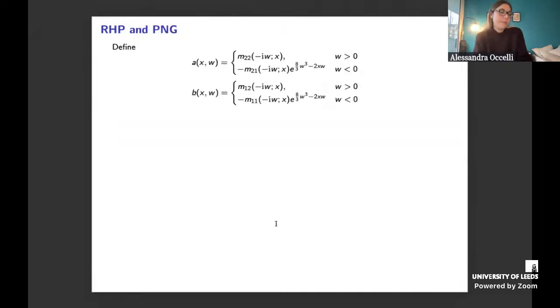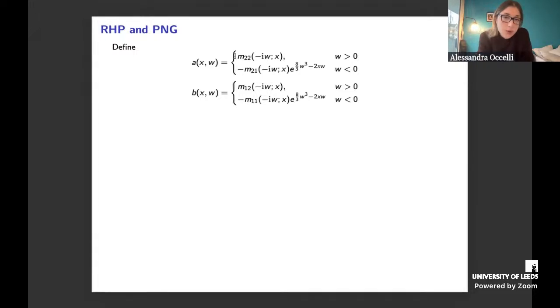Okay, so now let's see how this Riemann-Hilbert problem appears in the PNG context. Let's define these two functions A and B that are given by entries of the solution to the Riemann-Hilbert problem associated to Painlevé-2.